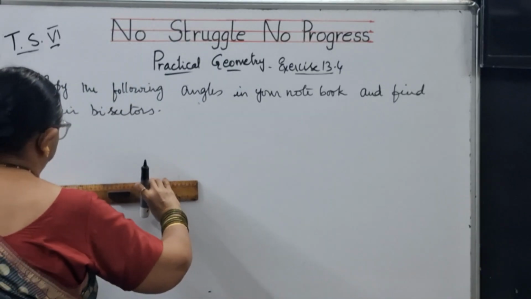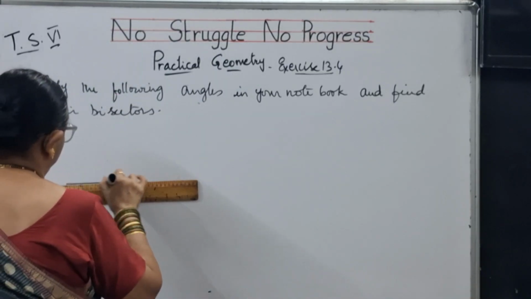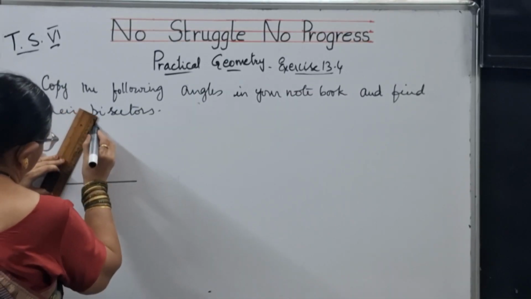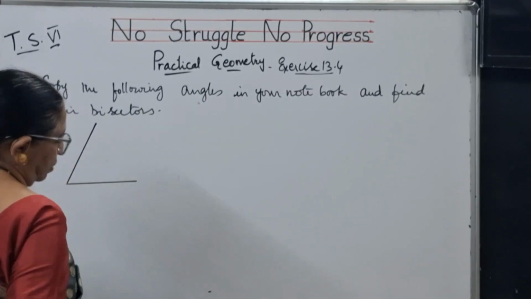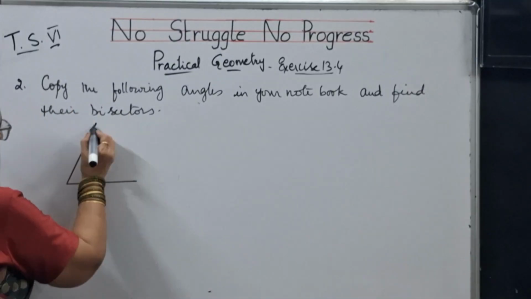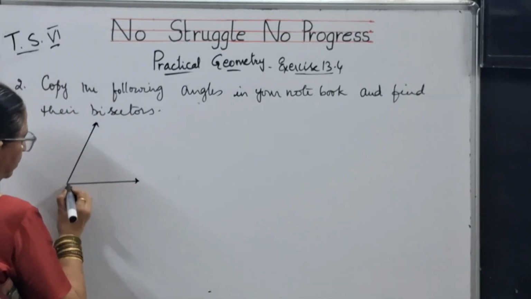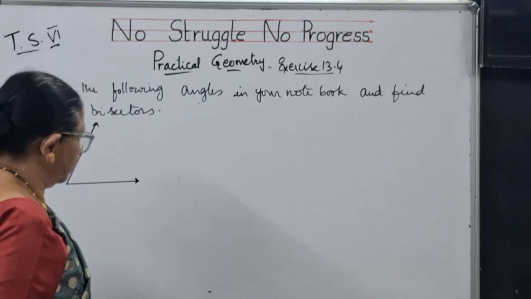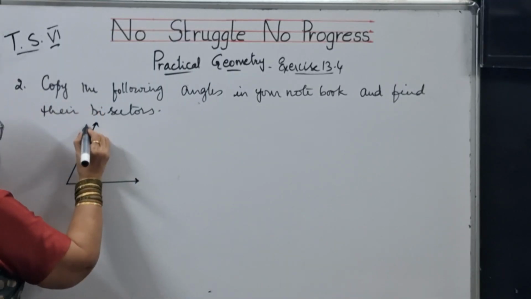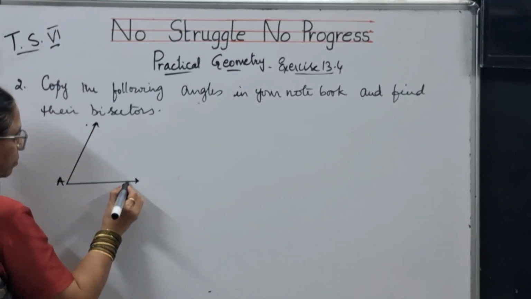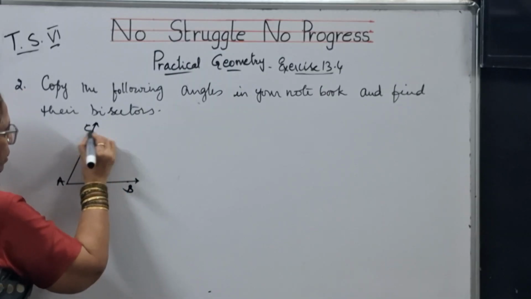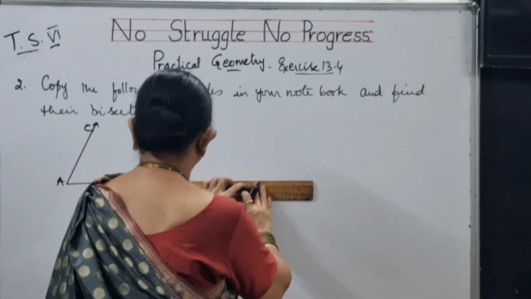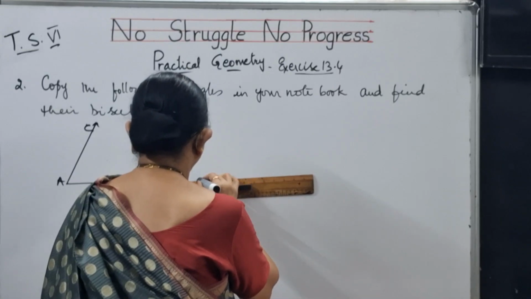And another bit, second bit, I have got an angle in this way. This is a little bit less than the measure in the earlier case. Let me write this as ABC. What you need to do? First, you have to draw a ray.